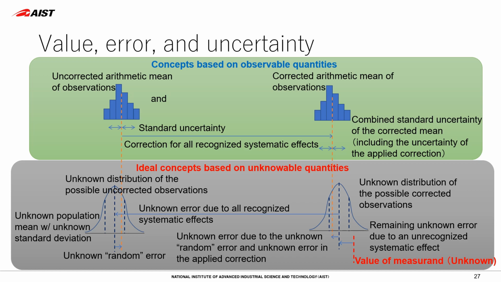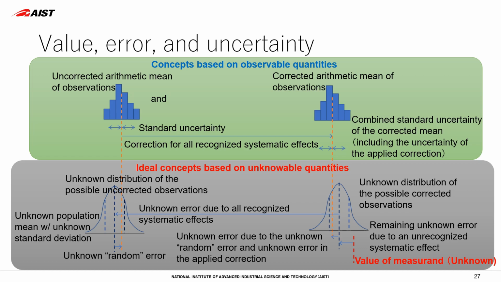This figure shows what we do in uncertainty analysis and the ideal concept behind it. Take a look at the histogram on the top left. To estimate the distribution of the measured result, we repeat observations and get a result like this. From repeated observations, we get the uncorrected mean and the standard uncertainty that is identical to the standard deviation.